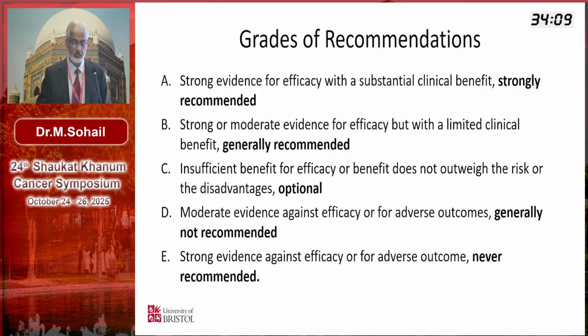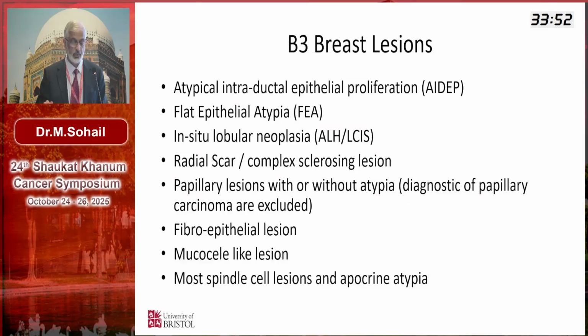If they thought it was more or less equal, then it was optional. If there was moderate evidence against efficacy, they generally did not recommend it. And if there was strong evidence against it, they said it should never be recommended, and grouped it into group E.